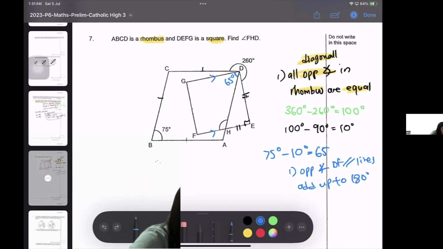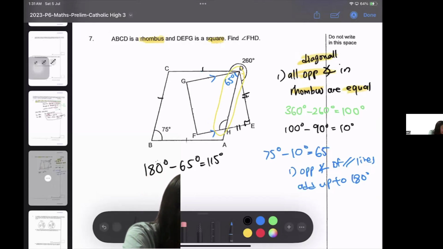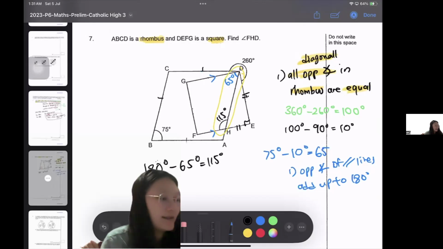So the angles between them, the 65 and this angle, will add up to 180 degrees. In order to find the angle you're looking for, which is this, you just take 180 degrees minus away your 65 degrees. That will give you your answer, which is 115 degrees. So this one is 115 degrees.